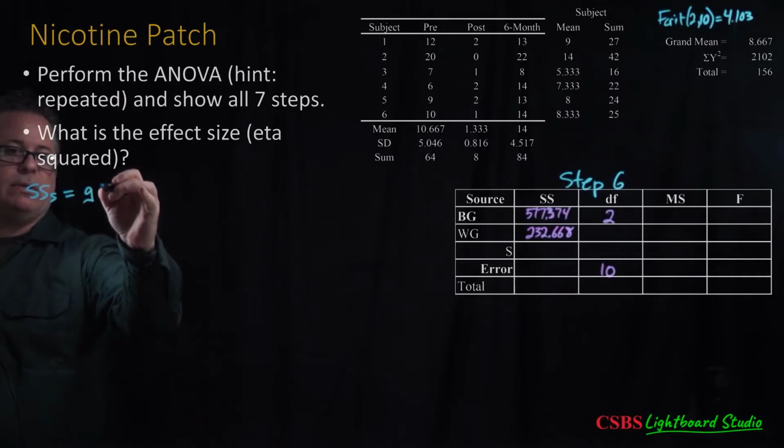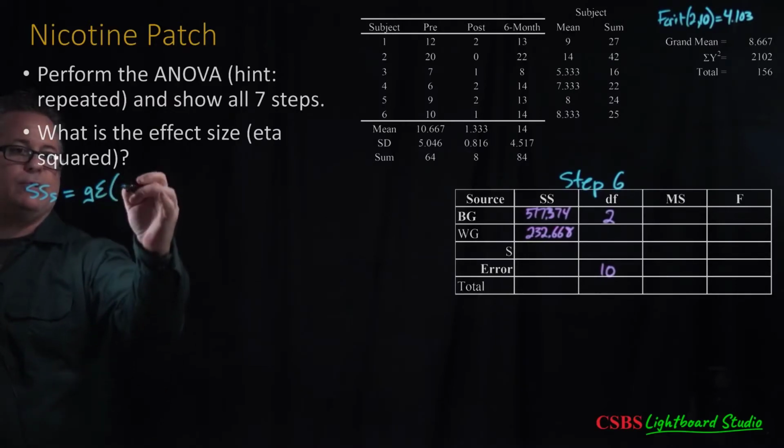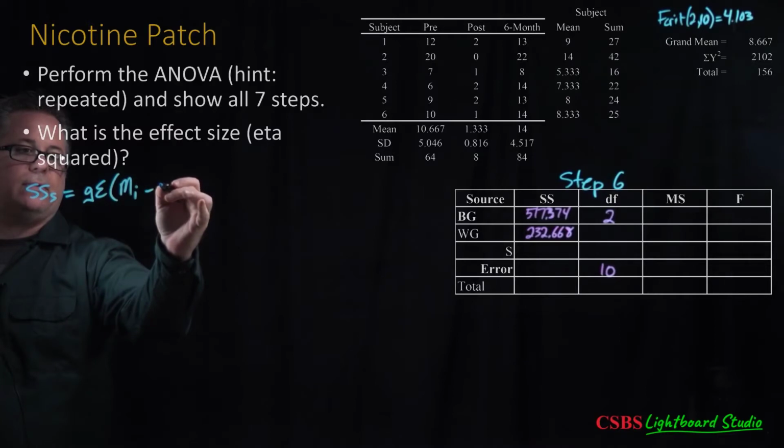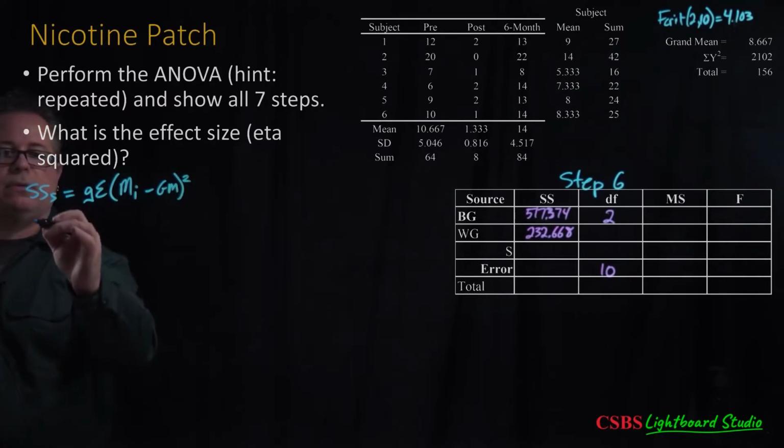G times the sum of each subject mean. So now this is the mean of each individual person minus the grand mean squared. We have 6 people, so we're going to do it 6 times. So sum of squares for subject equals.